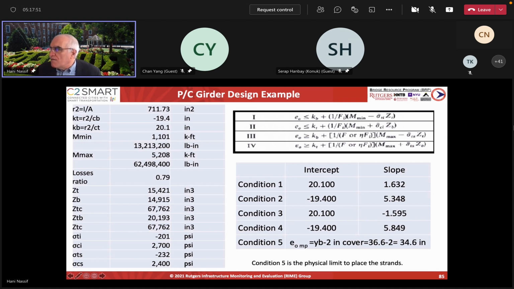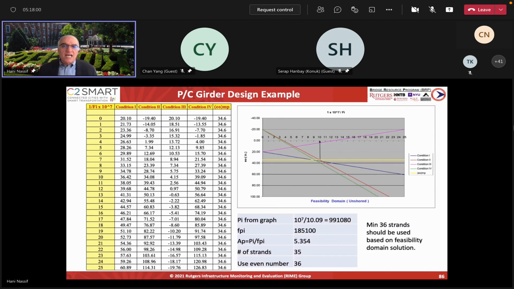So x here is 1 over Fi, okay, 1 over the pre-stressing force. So that's an equation of 4 lines that will intersect. And if you write the quantities correctly, you can see that you have the pink or purple line, the red line, the green line, and the blue line.